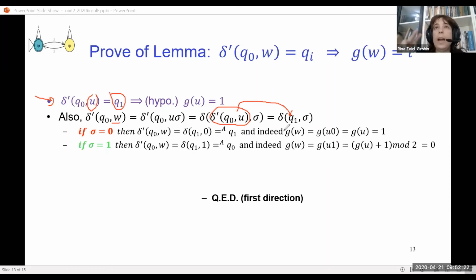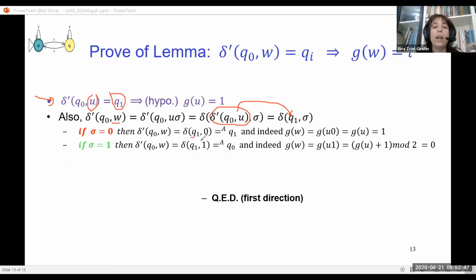So once again, I analyze two choices. I have the first choice. The additional letter sigma is 0. So I start reading the word W at state Q0. W is prefix U and additional letter sigma. When I read prefix U, I finished at state Q1.